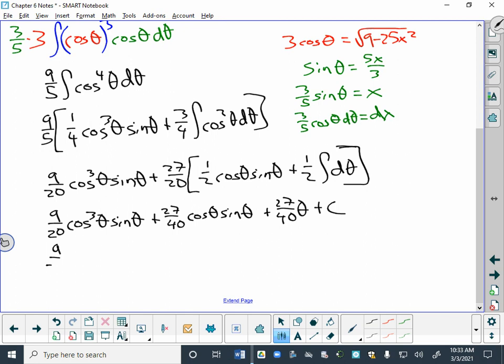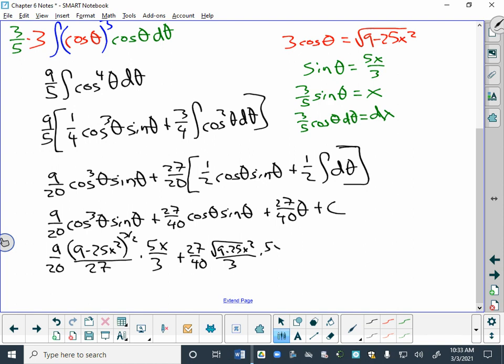So we've got a 9 over 20. My cosine was the square root of 9 minus 25x squared, so that's going to be 9 minus 25x squared, square root cubed, so that's to the 3/2 power over the 3 cubed, which is going to put a 27 down here, times my sine, which was 5x over 3, plus 27 over 40 times the square root of 9 minus 25x squared over 3 times 5x over 3 plus 27 over 40.